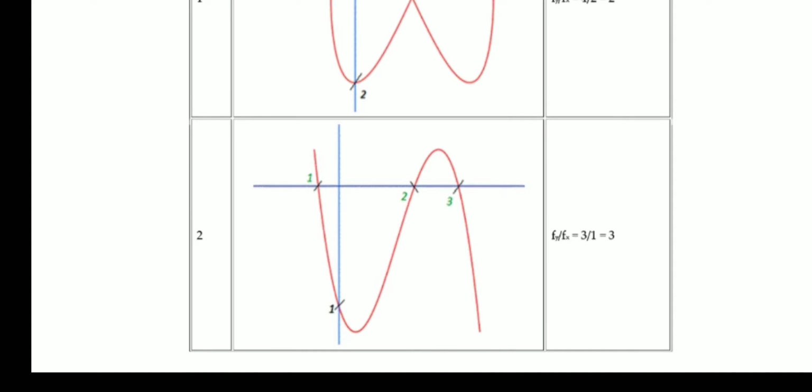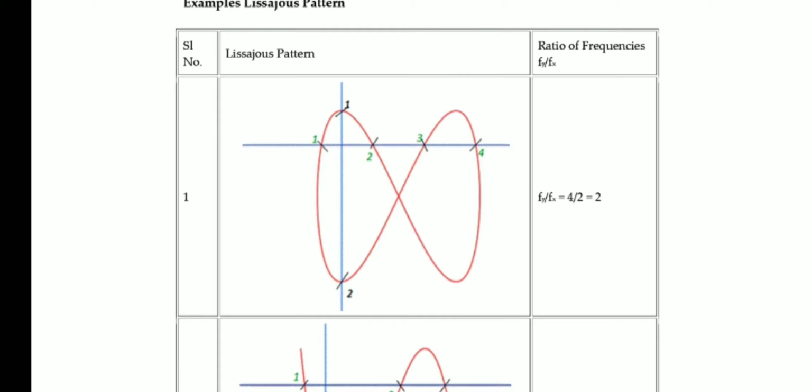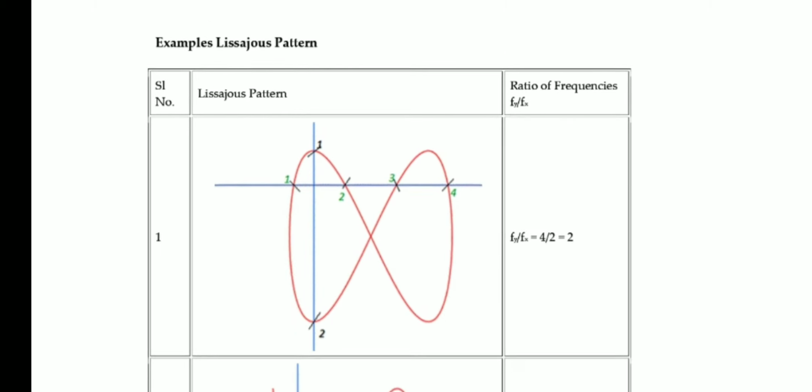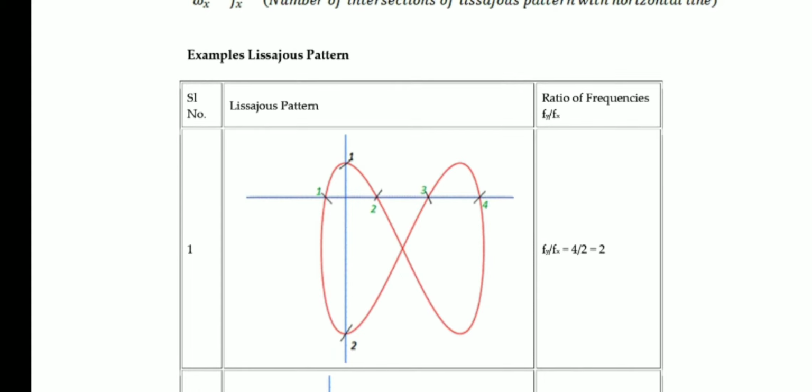So 3 by 1, 3 times, right? So Vy is 3 times greater than Vx. Okay. So this is how we can find the frequency of the waveforms.